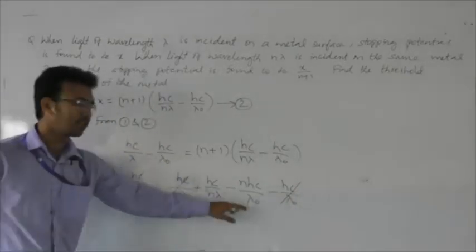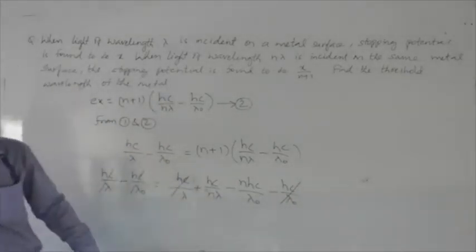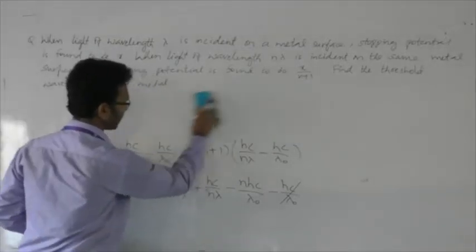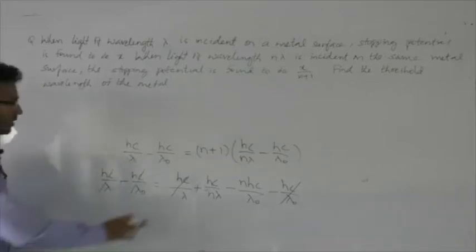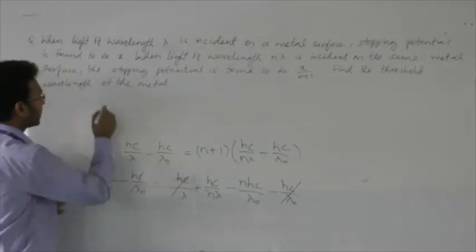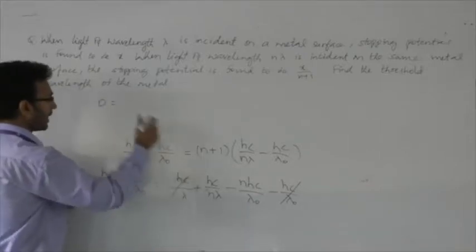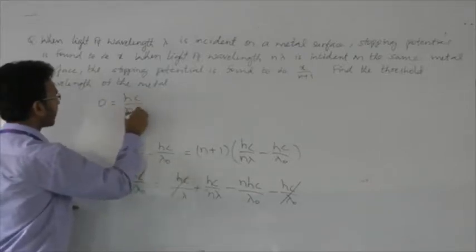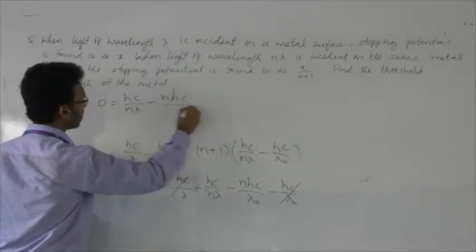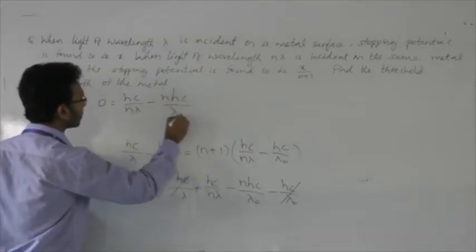Then only these two terms remain. So on the left hand side you have nothing, 0 equals hc by n lambda minus nhc by lambda naught.